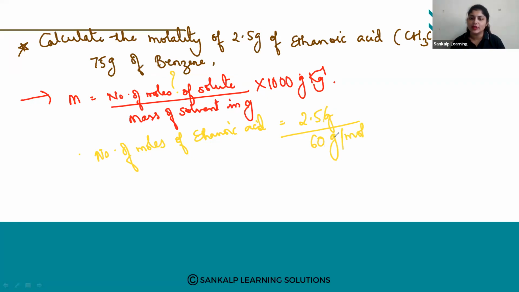The gram cancels. 2.5 divided by 60 is 0.0416 mole.